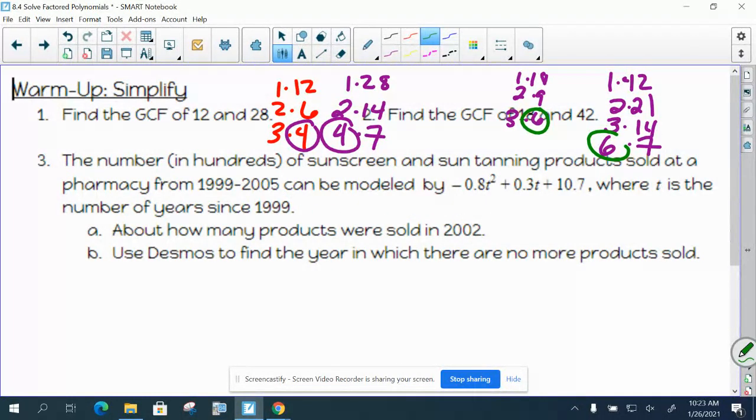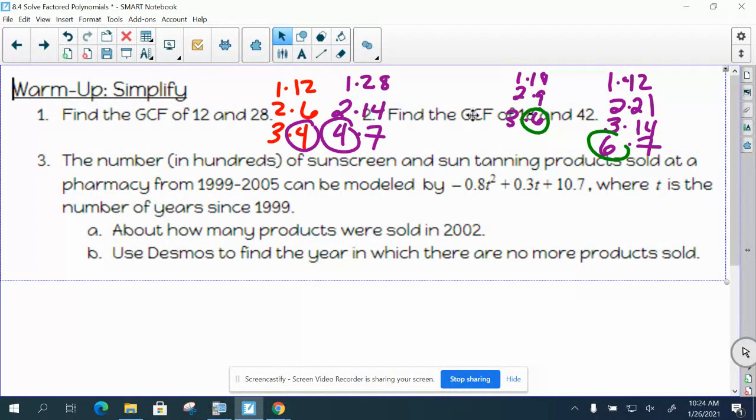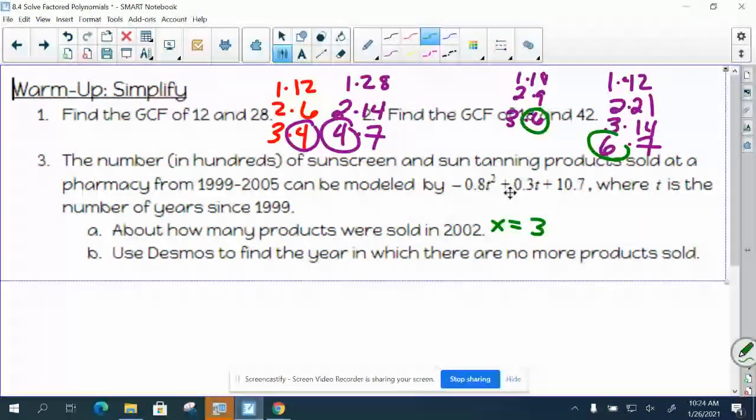Let's take a look at our calculators. There are a couple of ways you can do this. If 2002 represents 3 years after 1999, you can plug in x equals 3 into your equation.